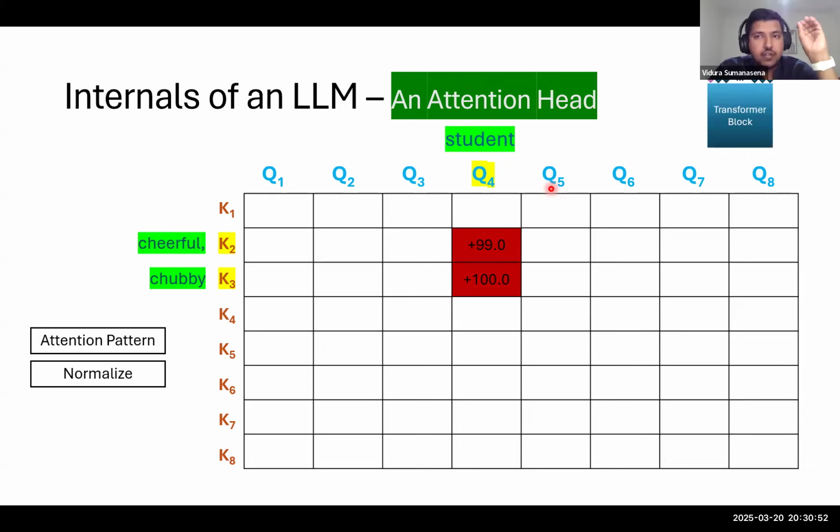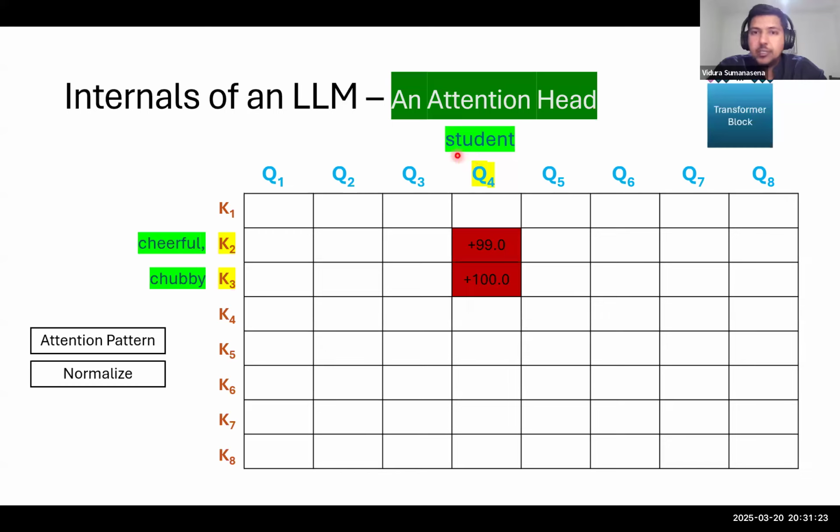It is only in the transformer blocks, or the attention heads, that embeddings will be changed based on the surrounding words. Initially, the embedding vector is a fixed vector for each word. So it's like a dictionary. When you get the word student, you refer to the dictionary and give back the embedding vector. Hope that answered the question.